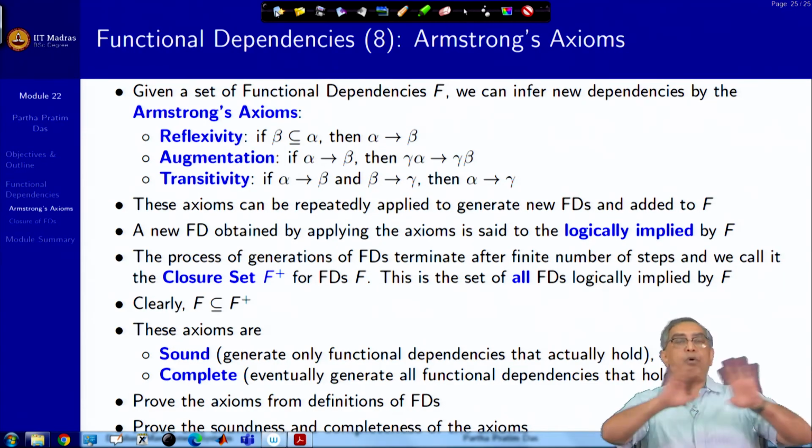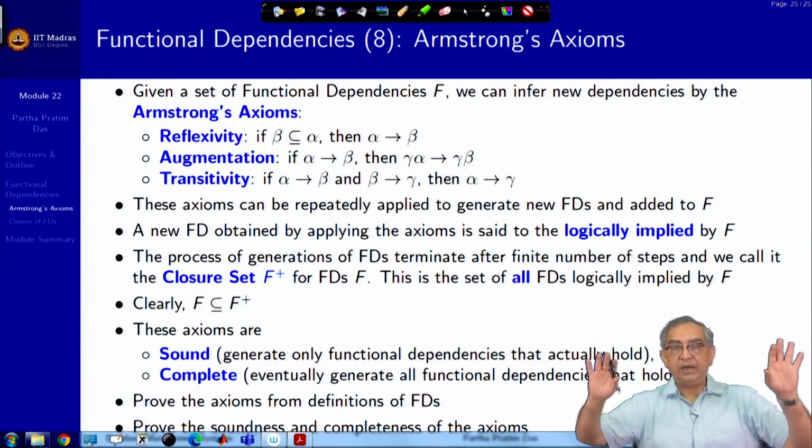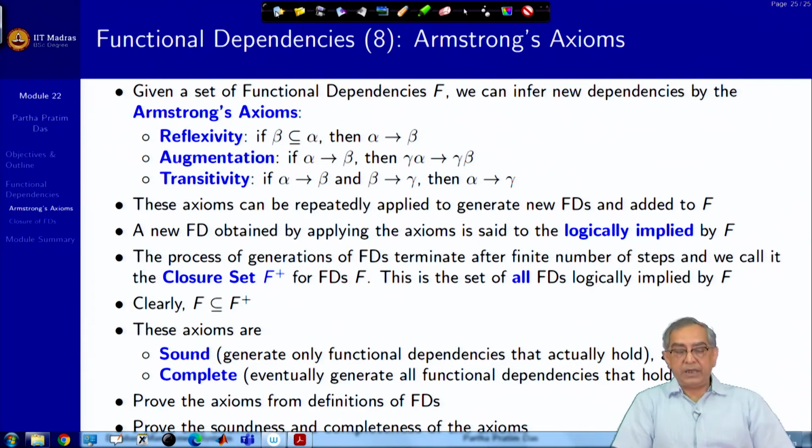This is the set of all possible functional dependencies that can be logically implied by the original set. This is typically marked as F plus. Obviously, F is a subset of F plus. We will talk more about the closure set, and we will have examples.